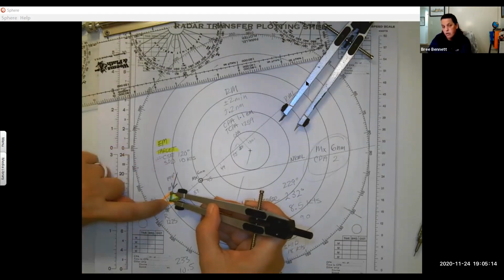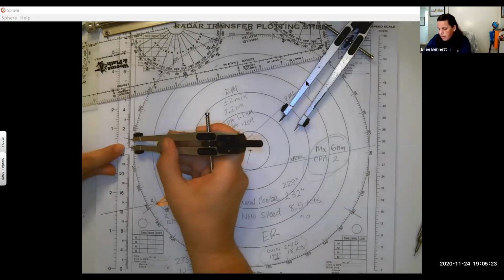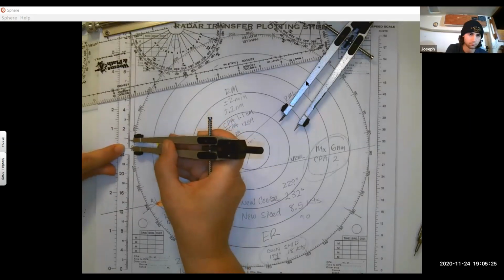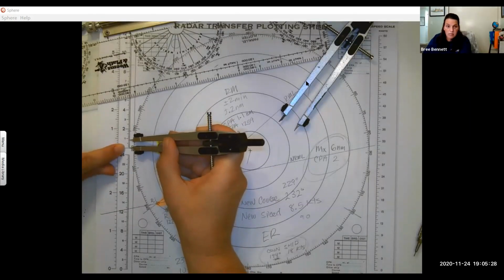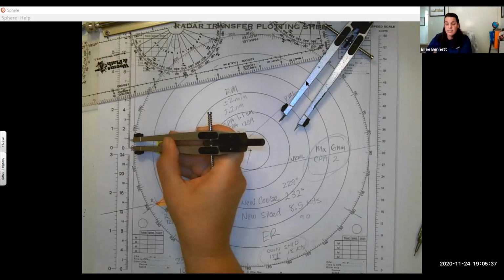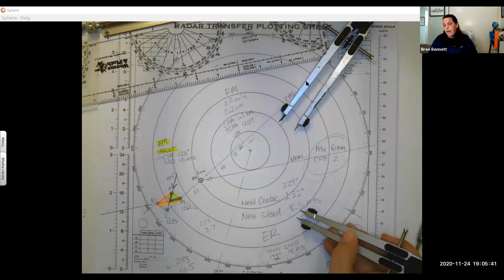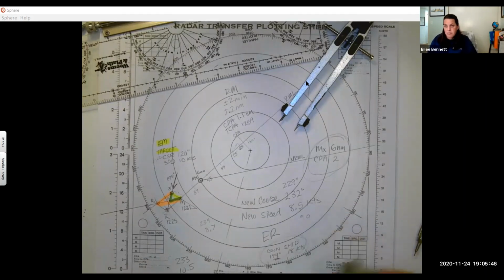I'm maintaining my course of 194, but I want to see what speed I would be. I measured this distance and I got right in between 0.8 and 0.9. So we convert that with our 6 minutes to a speed of 8.5, 8 or 9, something like that.